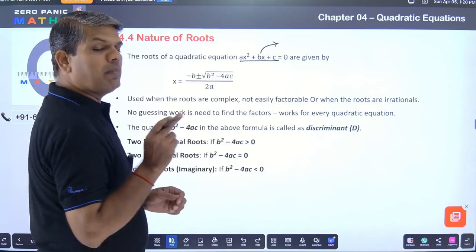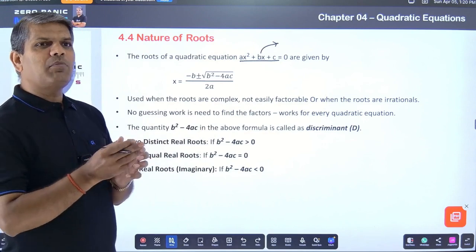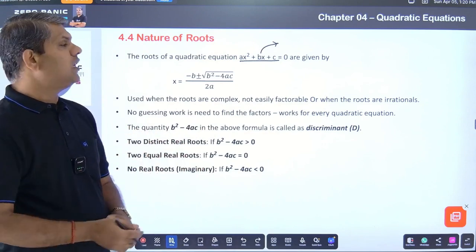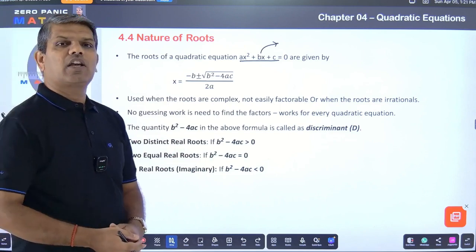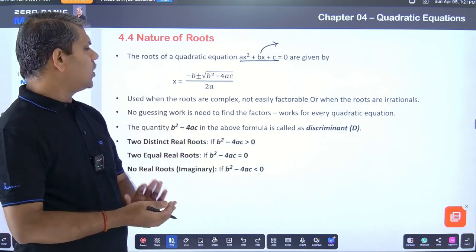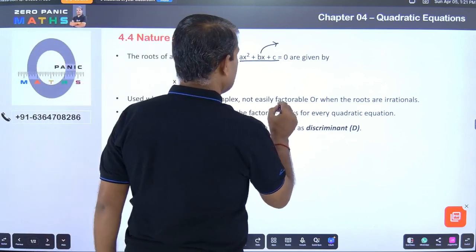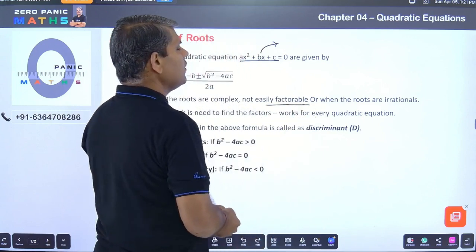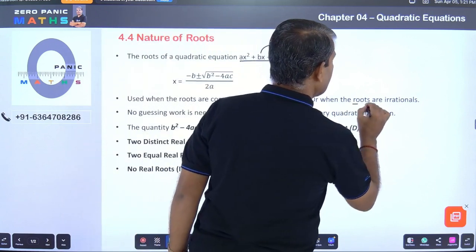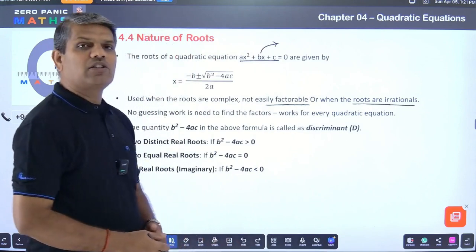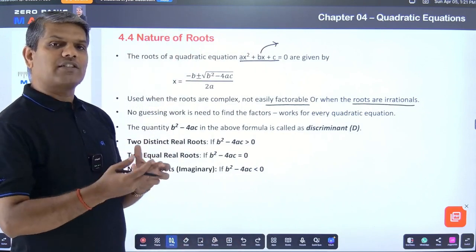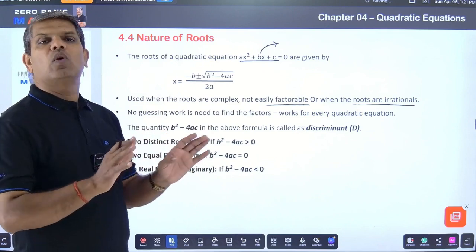But that method of splitting the middle term and finding the factors or roots of a quadratic equation will not always work, because if the roots are not factorizable, or the roots are irrational, then that method of finding the roots by factorization will not work properly.